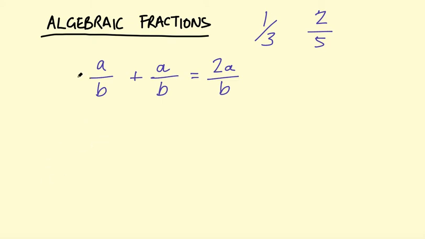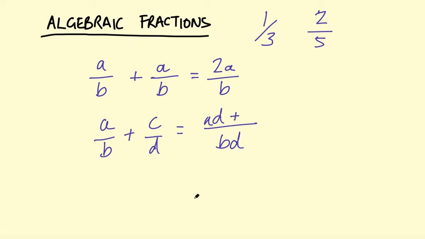And then you could have two different algebraic fractions like a over b plus c over d. In order to make the denominator the same, you need to actually multiply those two denominators. So the denominator here will actually become bd. So you need to multiply that first fraction by d, the whole thing. So a times d will be ad.